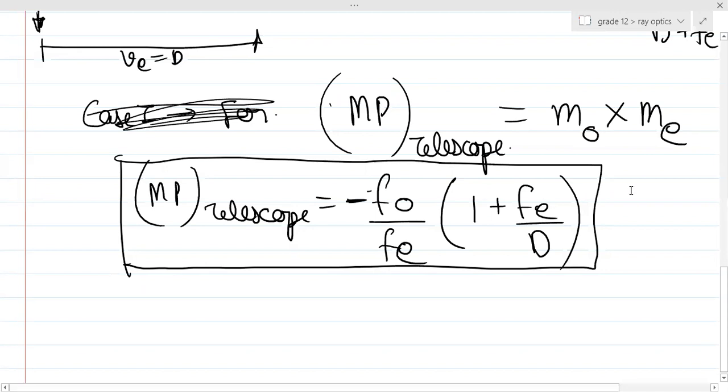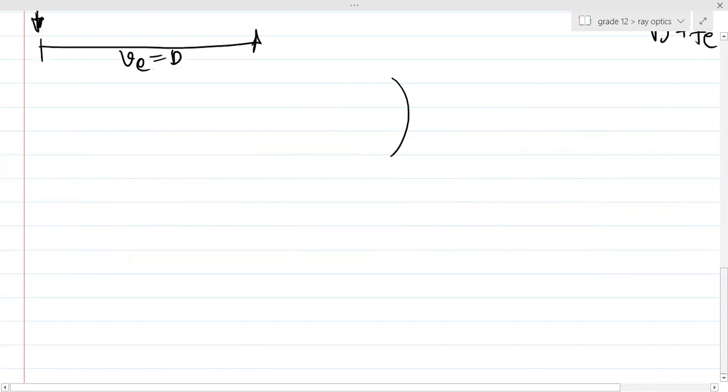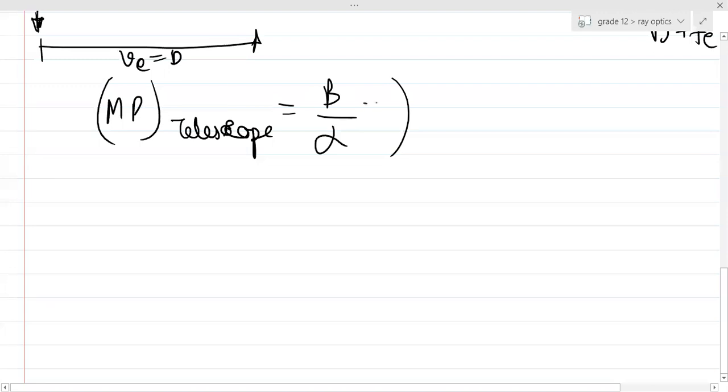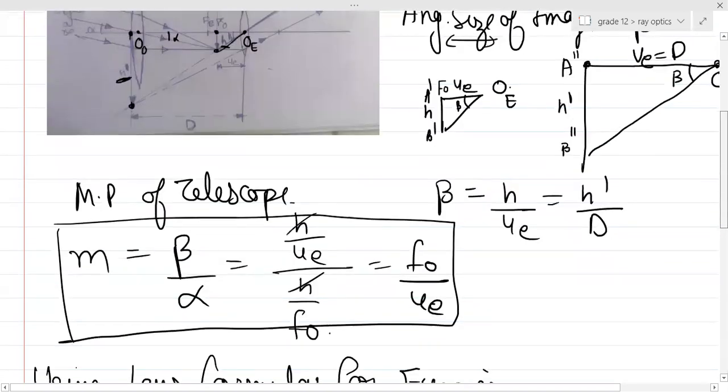हो गया. गाइस, ये नहीं ऐसे. Magnifying power of the telescope, if you remember, it was beta by alpha, and it was equal to what? FO upon UE, right? You remember it was FO upon UE. ये यहाँ से इधर से.